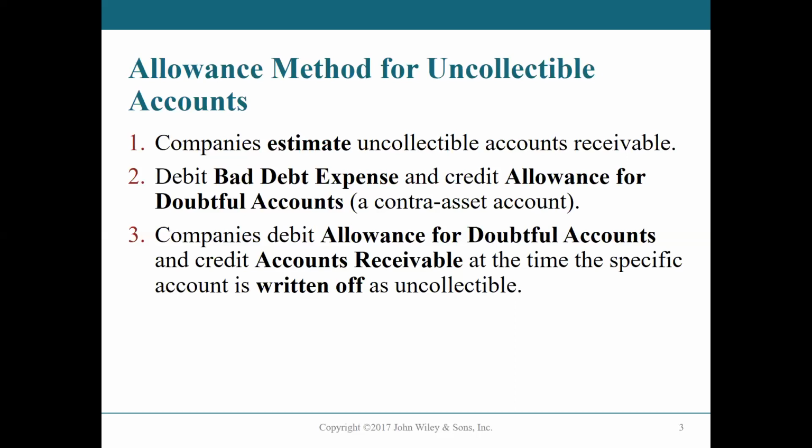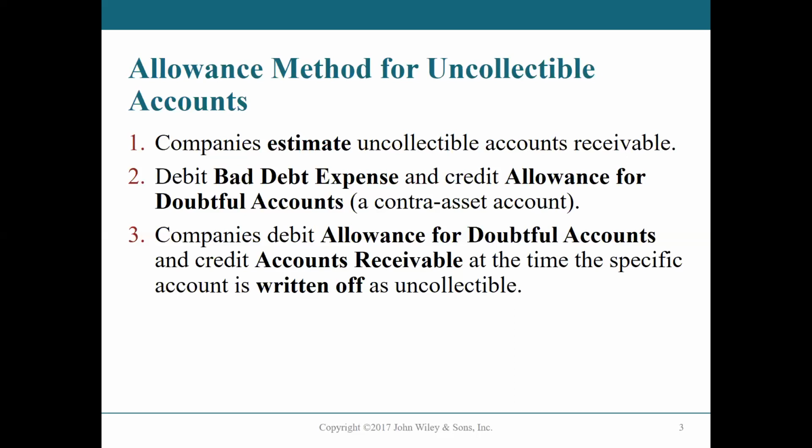Right. So one of the questions was if the allowance for doubtful accounts gets closed at the end of the period. And it doesn't, because it is a contra asset account and an asset account does not get closed.